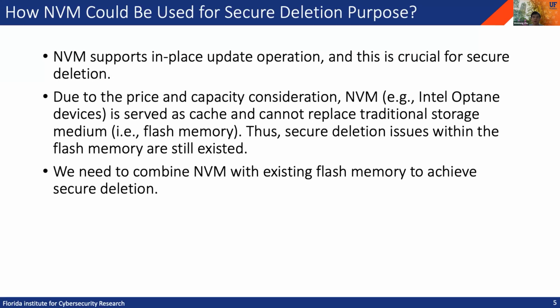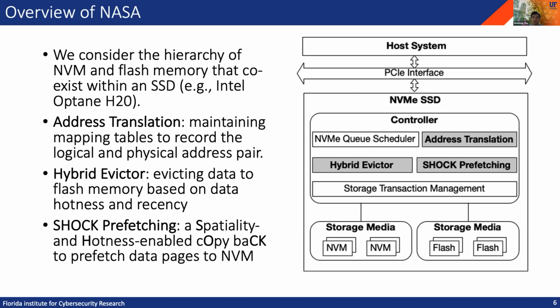Our work will combine NVM with flash memory for the secure deletion issue. In our work NASA, firstly, we select the hierarchy where NVM and flash memory coexist within an SSD. And this hierarchy is already being used by Intel in their Optane H20 SSD.